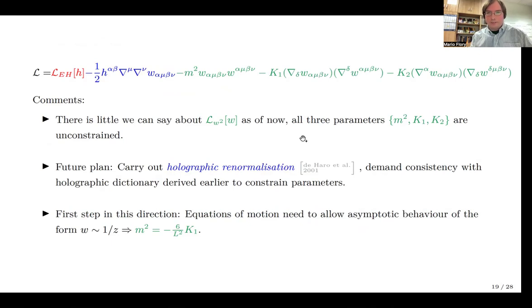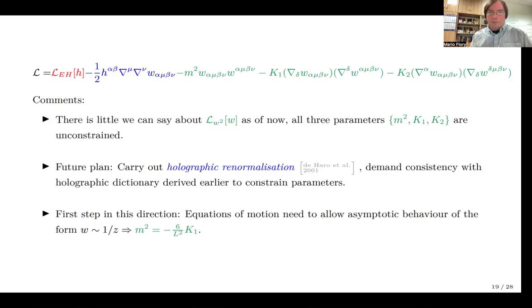What you should know is that we have derived this entry to the holographic dictionary from the first law of entanglement. But the usual way for a given Lagrangian to derive the holographic dictionary in AdS/CFT is this holographic renormalization procedure. And we expect that for just random values of m squared, k1 and k2, the result that we get from that is not going to be consistent with the result that we have derived from the first law of entanglement.